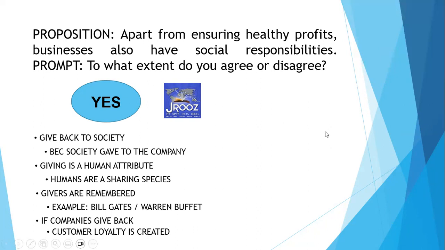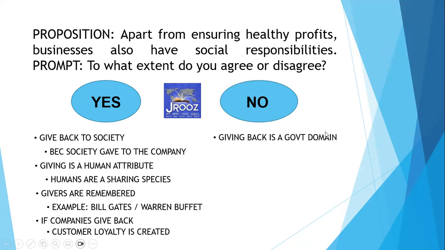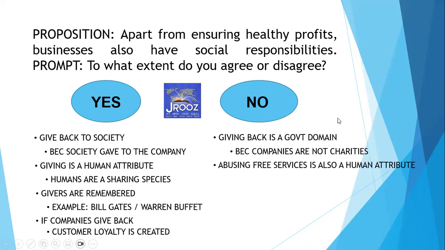Let's look into the no argument, guys. Oh, it's animating. The topic sentences are animating. And then let's proceed to the no argument. Giving back is a government domain. Okay, so why? Because companies are not charity. Abusing free services is also a human attribute. So what do you mean is the question.